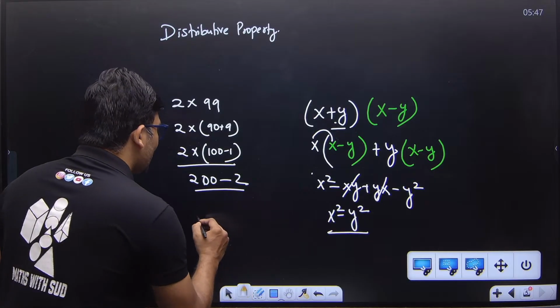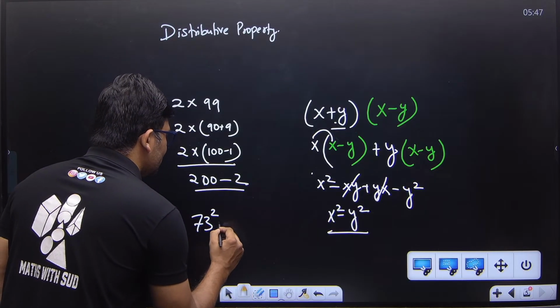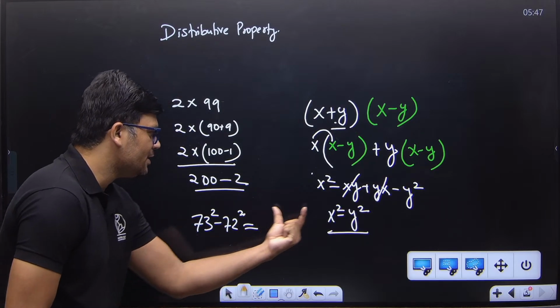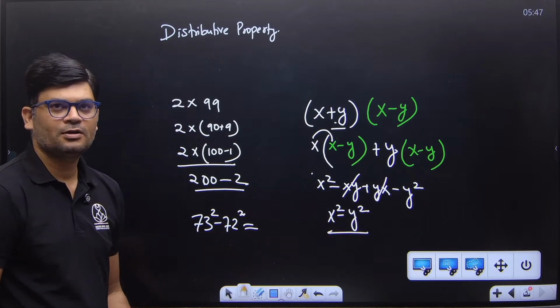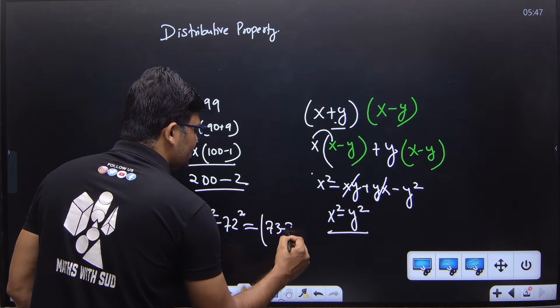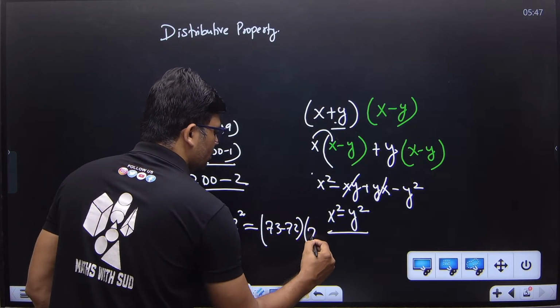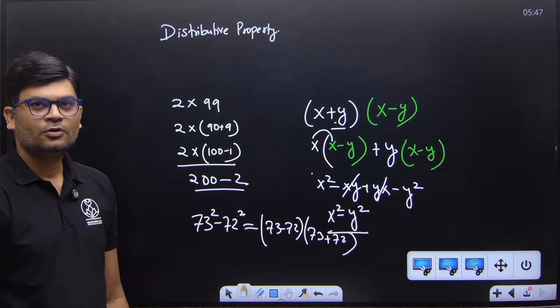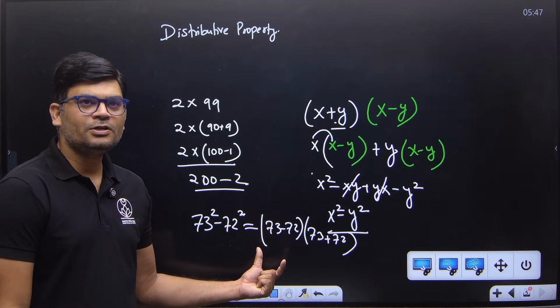So suppose you have 73 square minus 72 square. You can relate this with x square minus y square. So you will get 73 minus 72 into 73 plus 72. So 73 minus 72 is how much? 1.